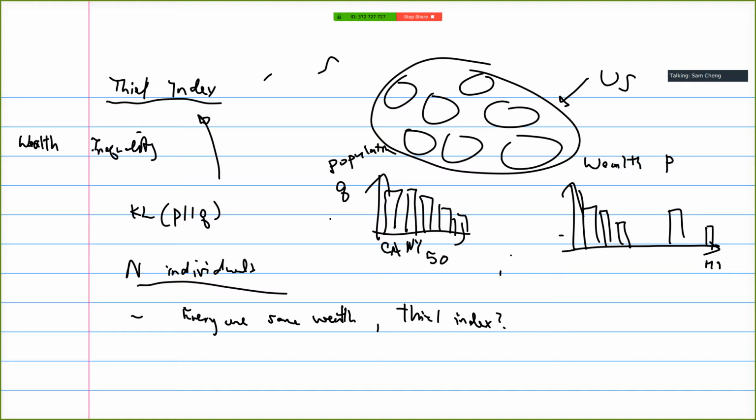Any quick guess here? Will it be infinity? No, actually, look at P and Q here. What are P and Q in this case, if everyone has the same wealth? First of all, Q is a uniform distribution, right?